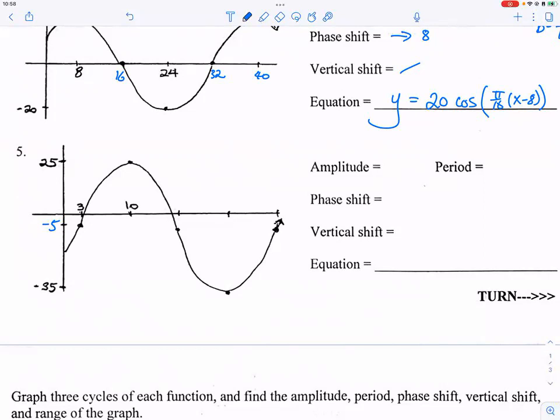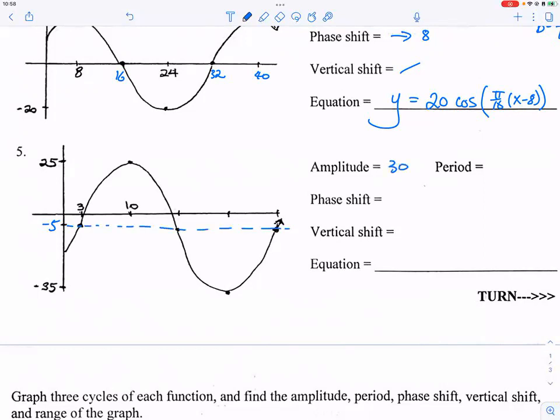Well, that's a total distance of 60. So that means the midline must be 30 units away from the top and from the bottom. So that means the missing point of the midline must be 30 units above the lowest point. So that's how we know it's -5.